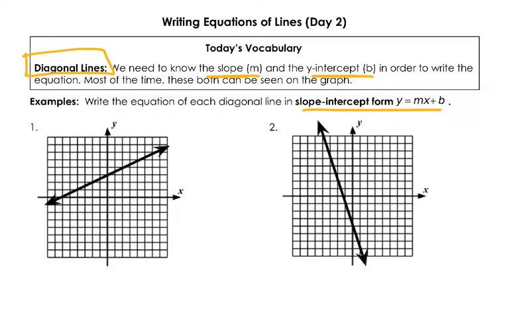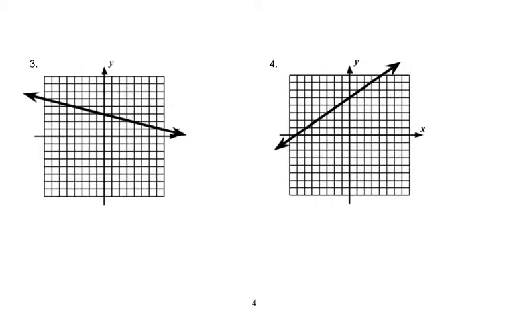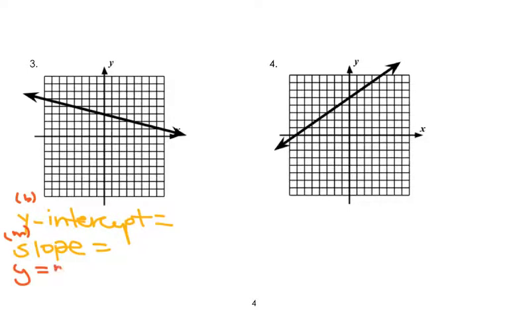So together, we are going to look at number 3. The first thing you need to be able to do is identify what is the y-intercept and what is the slope here. Sometimes it's helpful if you put that this is the b and this is the m of your equation, because remember the equation is y equals mx plus b.